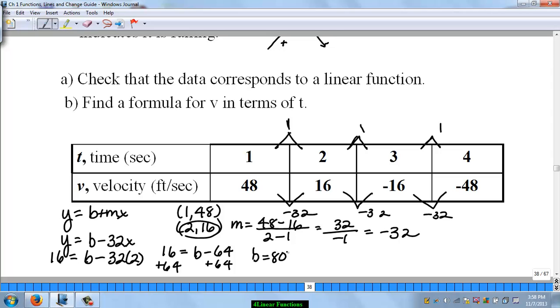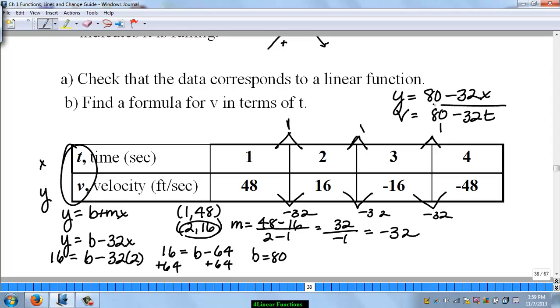So my formula is really y equals 80 minus 32x. But now we want to use the t's and the v's, and this is my x and this is my y. So in the y spot I'm going to put v equals 80 minus 32 times t. So there's my formula. And it has a negative slope, so if you'll notice this is going down. That's a good thing. That should be for the negative slope.